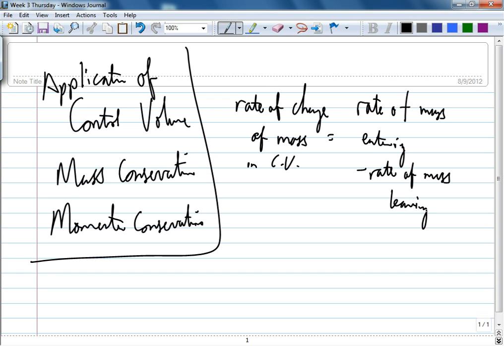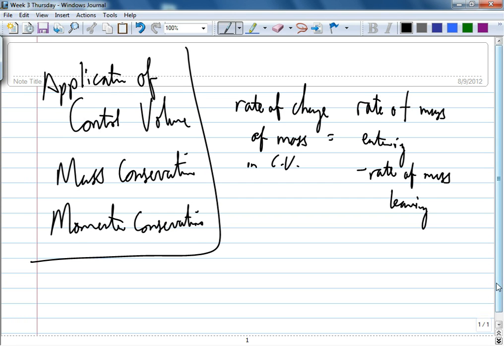If stuff enters at a rate of 1 kilogram per second, then the rate of change of mass in the control volume should be 1 kilogram per second. If things are leaving at 1 kilogram per second, then you expect this to be reducing at 1 kilogram per second. That's why the negative here. Is that okay?